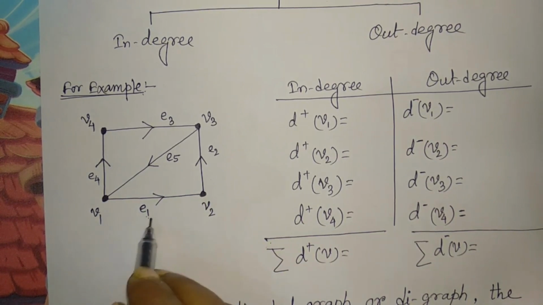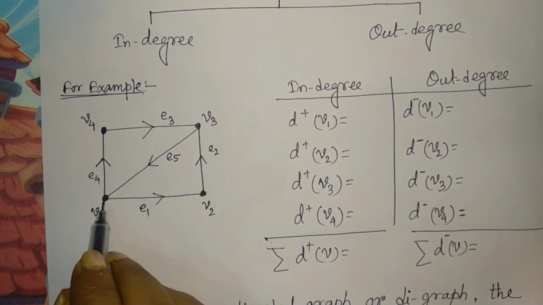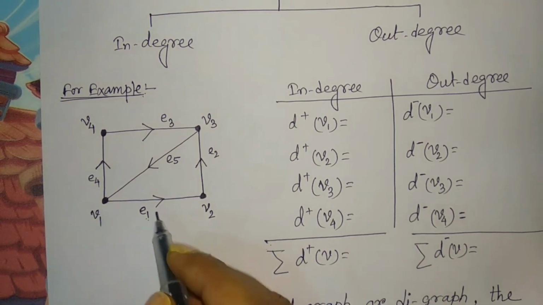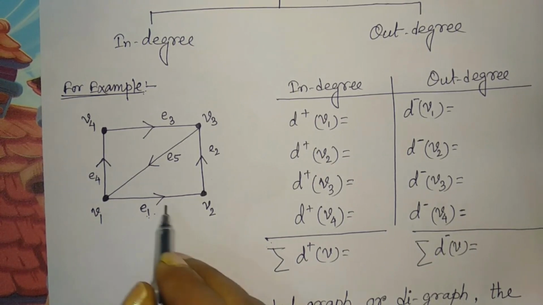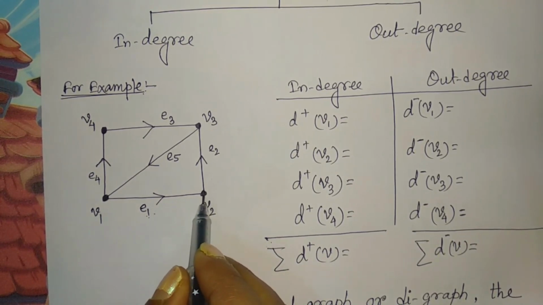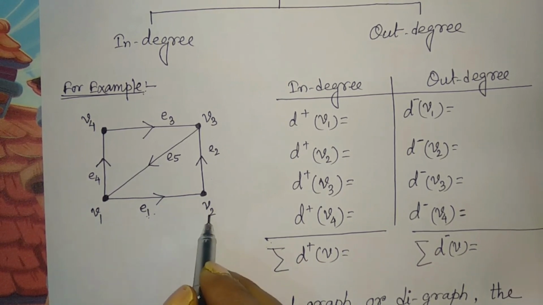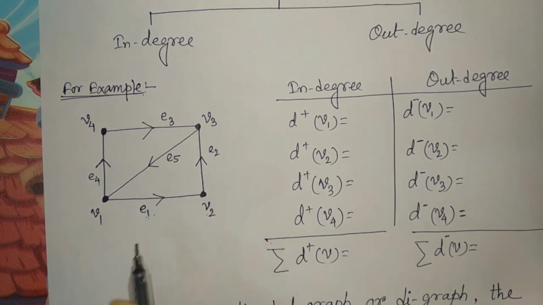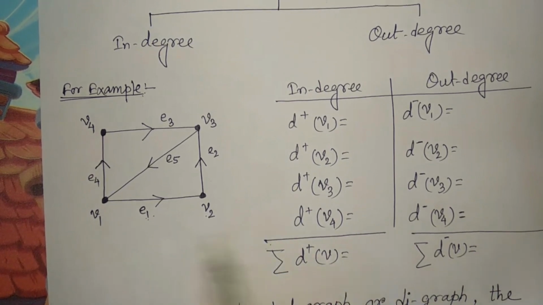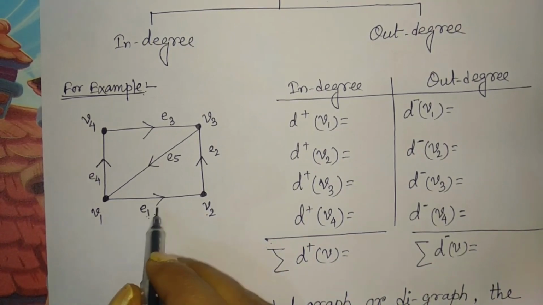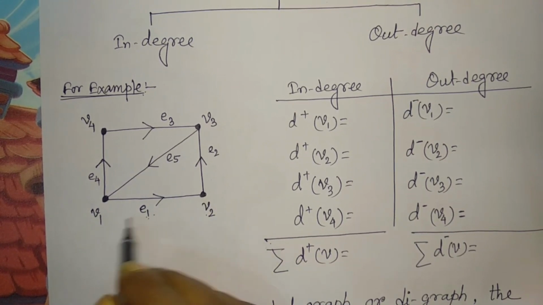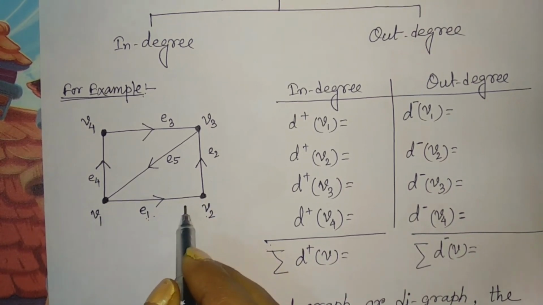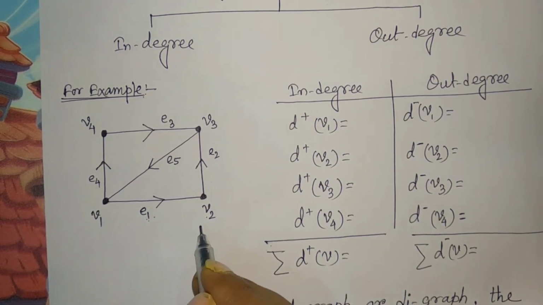For any directed edge, the vertex which is the starting vertex of the edge gets the out degree corresponding to that edge, and the end vertex gets the in degree. In an easy manner, we can say that wherever the edge is entering a vertex, that gives the in degree, and if an edge is going out from a vertex, then it provides the out degree.